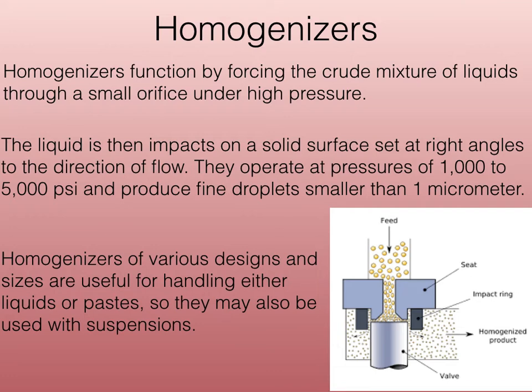The homogenizers of various designs and sizes are useful for handling either liquids or paste, so they may also be used with suspensions. The homogenizers with different valve assemblies and a wide range of capacities are available.